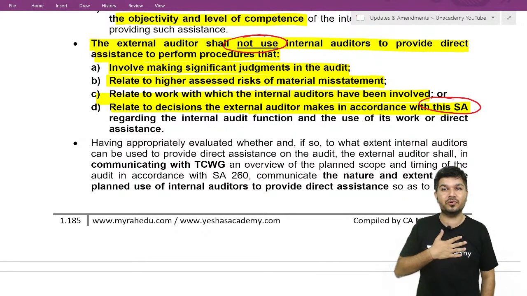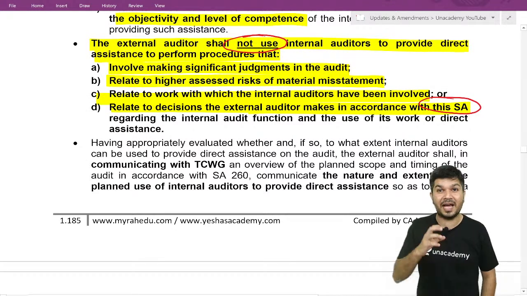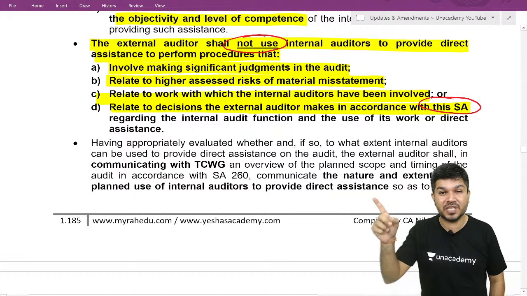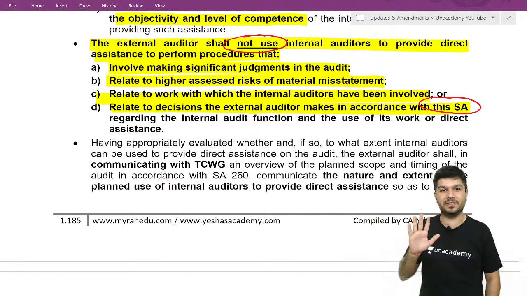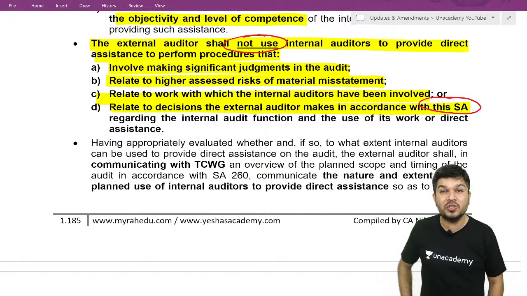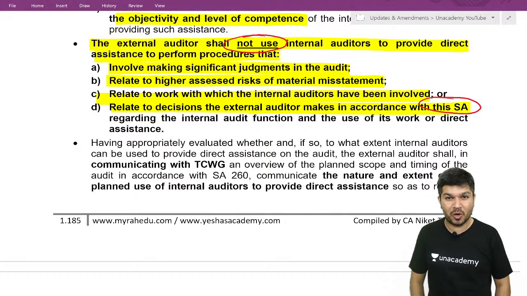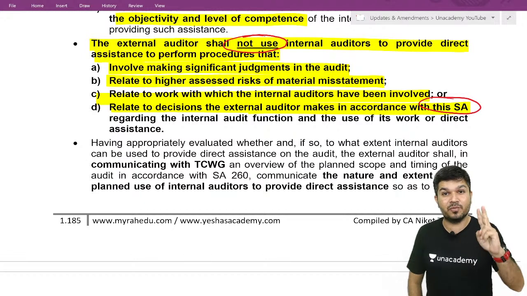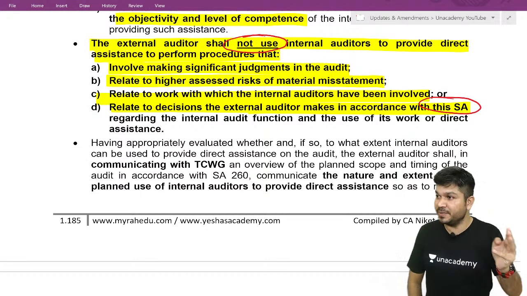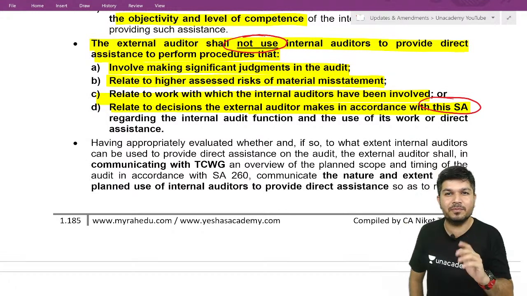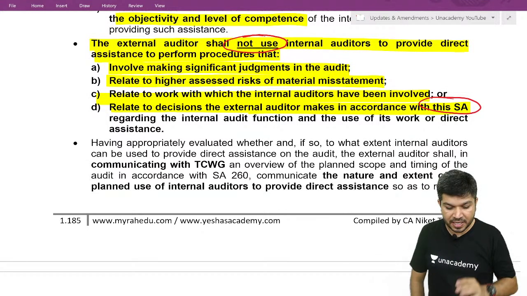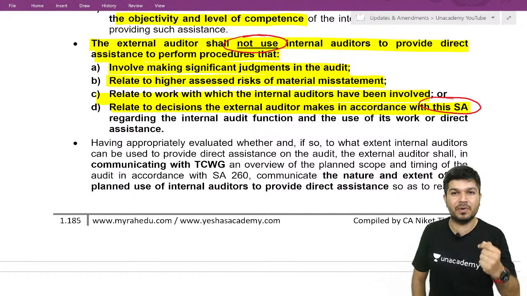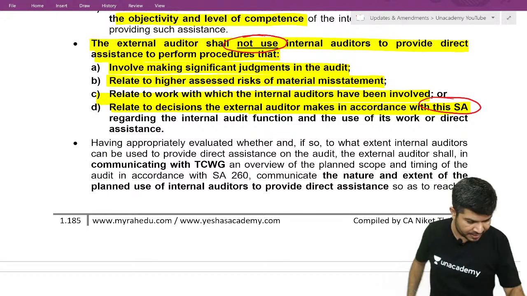So I cannot use them where the judgment involved is high, the risk involved is high, the work has been done by them only, I cannot tell them to check their own work, and the fourth one, the decision which I have to make as per this standard. There I cannot use them. Okay.